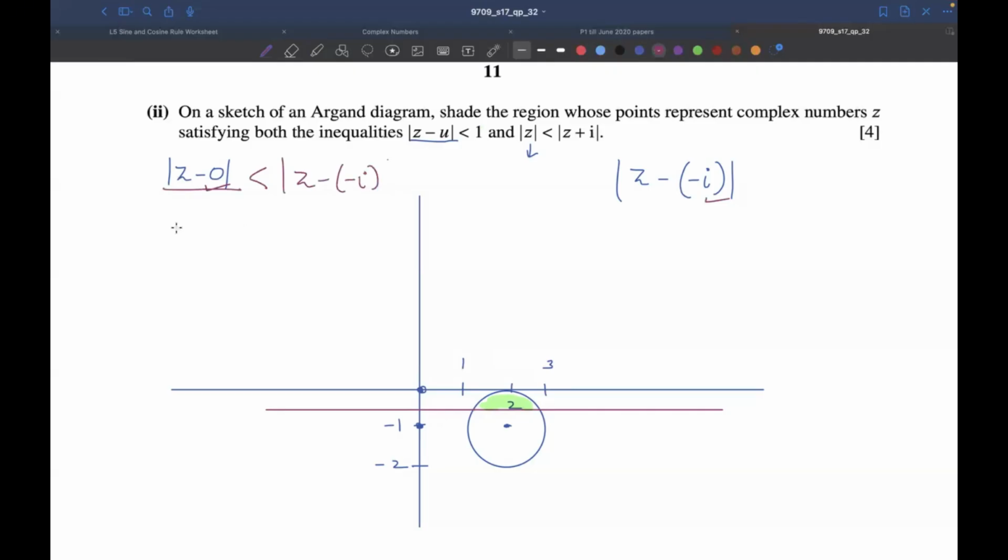Using the concept of vectors, when we write AB, that means B minus A, or we are going from A to B. So when it says z minus origin, it means from the origin to z. So z must be somewhere above this line, as the distance from the origin is lesser than the distance of z from this point.